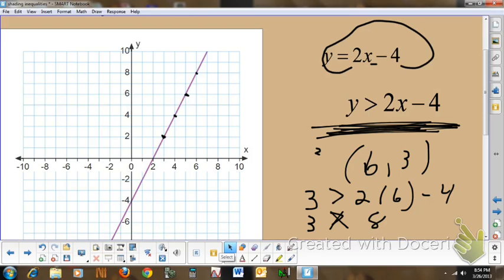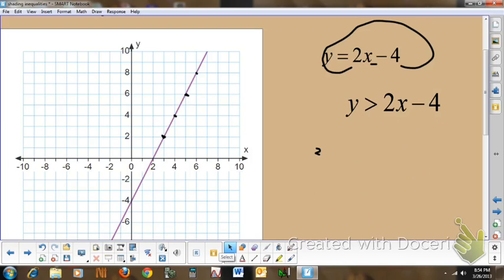So let's test another point. Let's test here, right here. So that point is 2 and 3. Okay, we're going to test the point 2 and 3 now into our inequality and see if it holds true.